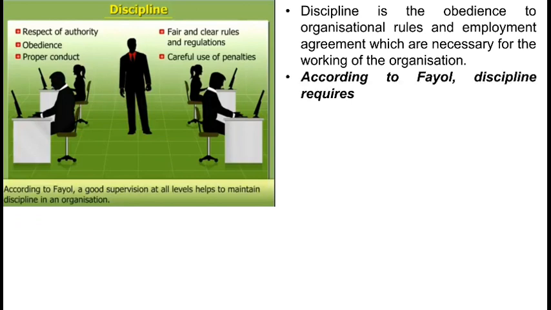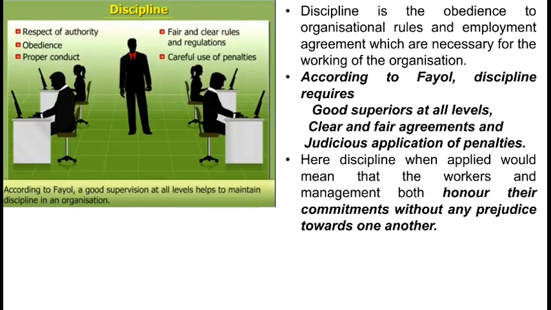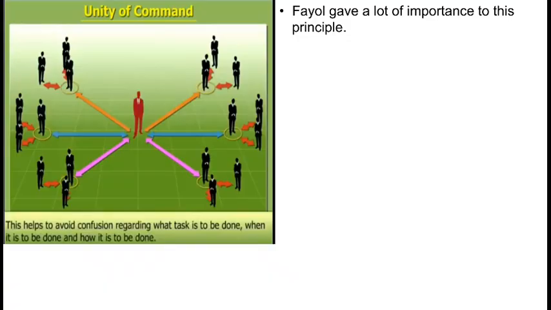According to Fayol, discipline requires good superiors at all levels, clear and fair agreements, and judicious application of penalties. Here, discipline when applied would mean that the workers and the management both honor their commitment without any prejudice towards one another.